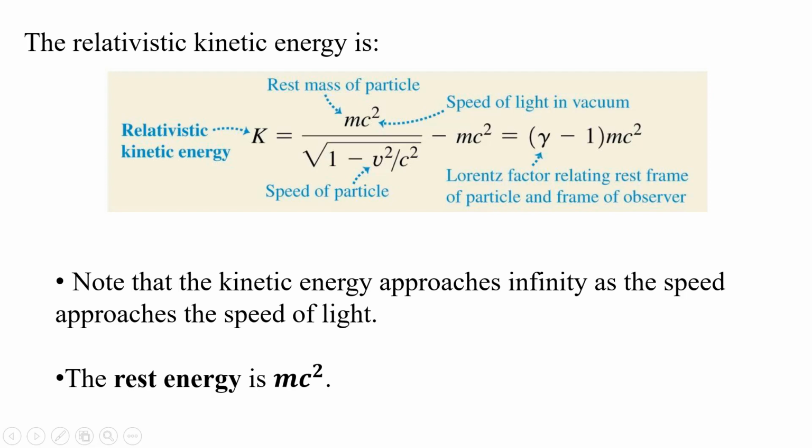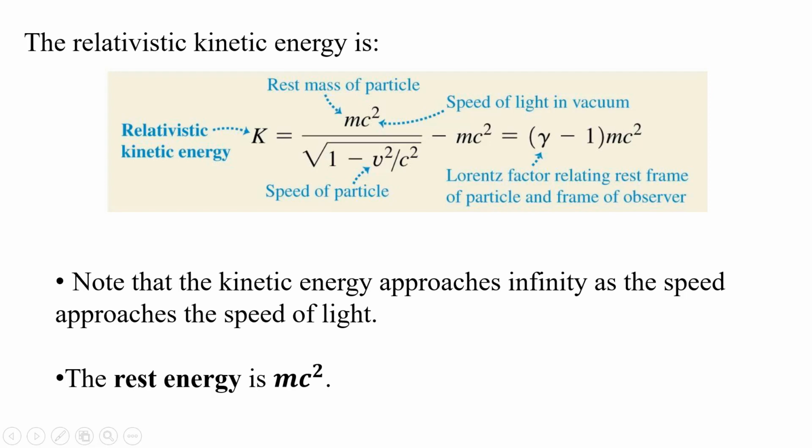Here we have the Lorentz factor, which relates the rest frame of the particle and the frame of the observer. Take note that the kinetic energy approaches infinity as the speed approaches the speed of light. If v approaches c, we have 1 minus c squared over c squared, which is 1 minus 1, which is 0.